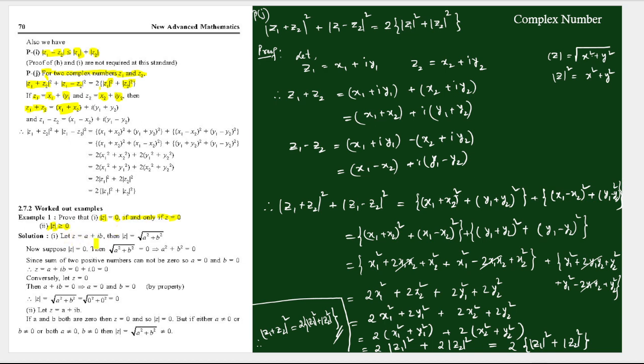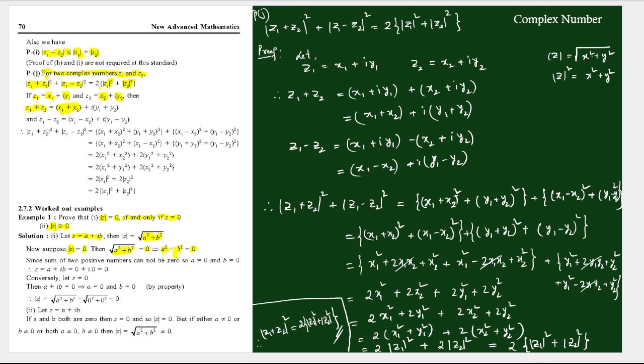So let z equal to a plus ib. Then modulus of z will be square root of a square plus b square. Now suppose modulus of z is equal to 0. Then this one will be equal to 0, and a square plus b square equal to 0. So both will be 0. When will a square plus b square be 0?